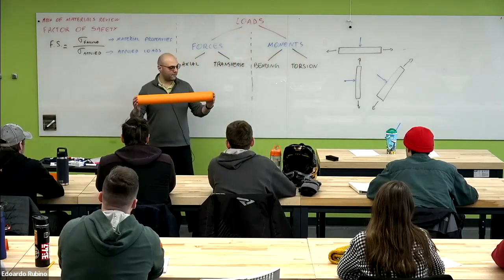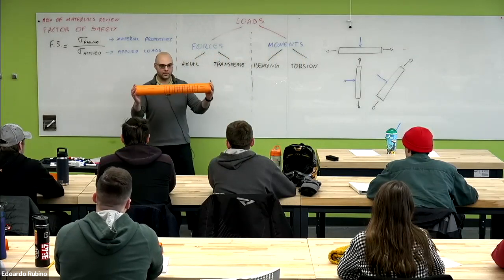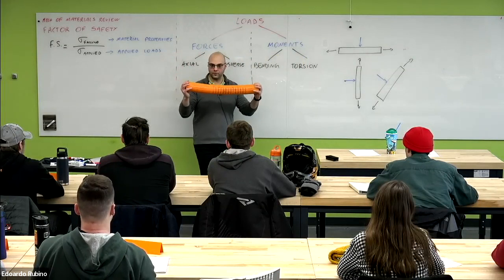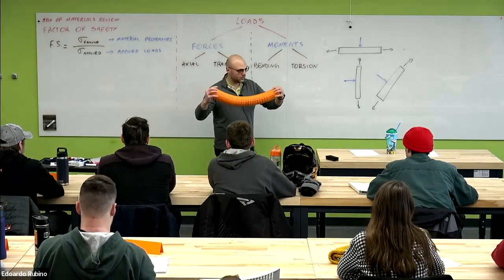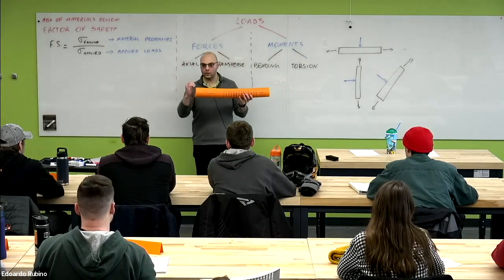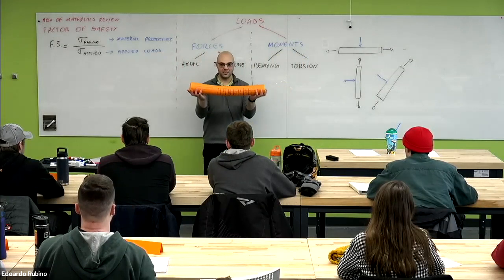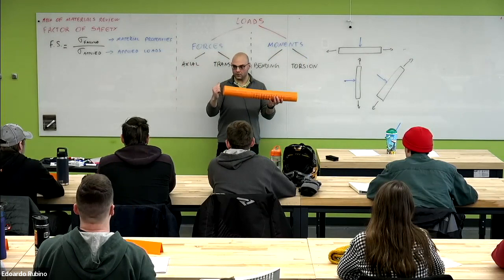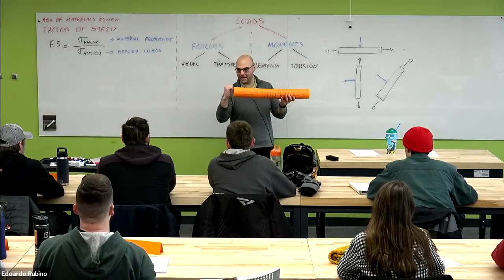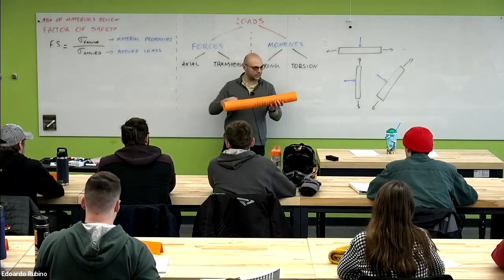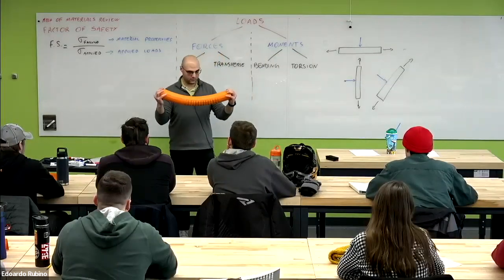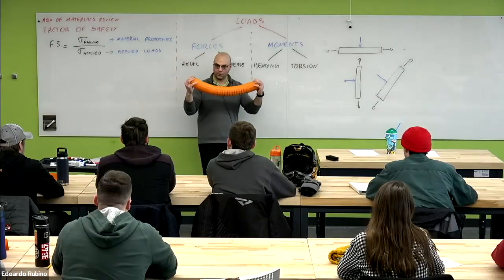If we have a bending moment, it means that we are applying this kind of load. By using the right-hand rule, we are bending the beam in this way. So the moment will be in the perpendicular direction with respect to the axis of the beam, because we are bending in this way. So this is a bending moment.